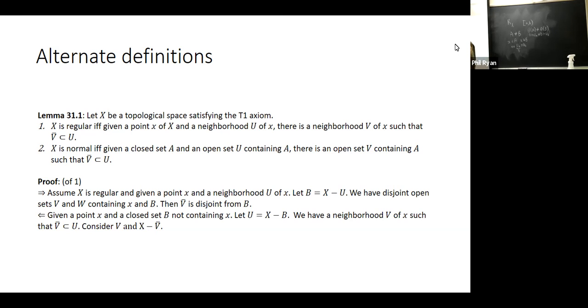Both proofs are exactly the same, so we'll only do one of them. If a space is regular, and say we're given a point X and a neighborhood U of that point, then consider X minus U, which is a closed set.